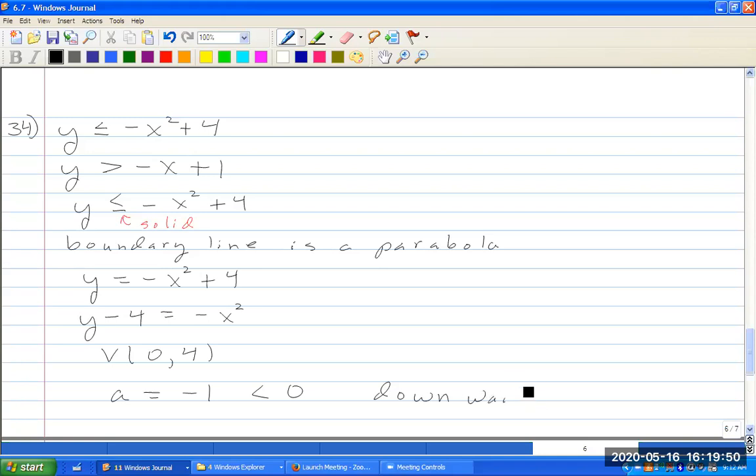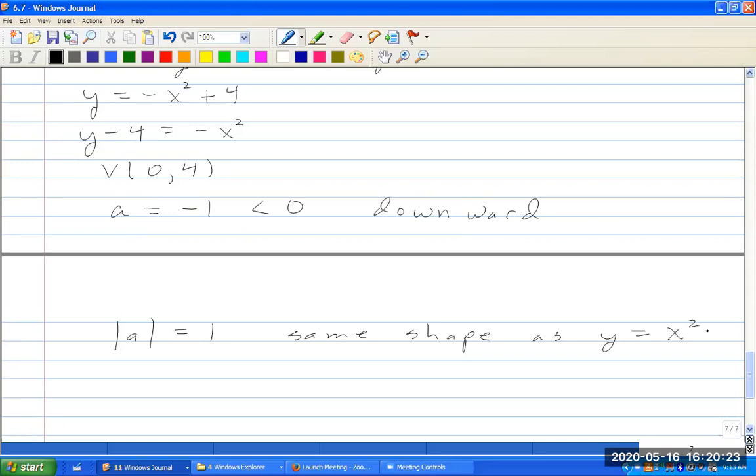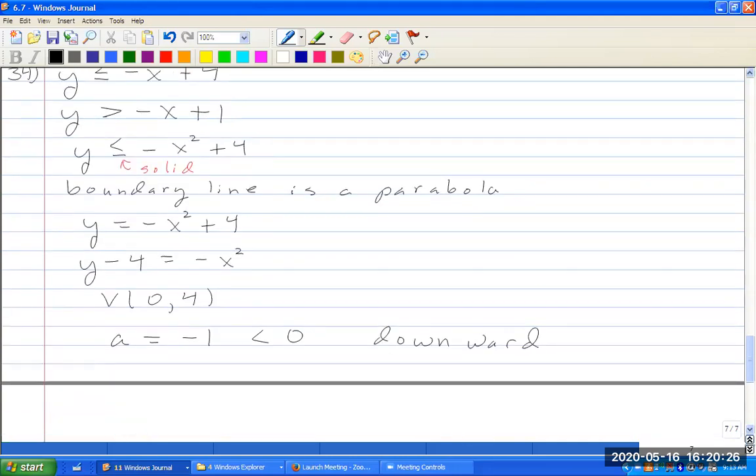And it actually has the same shape as the graph of y equals x squared, since a here is just equal to -1. Okay. It's actually going to be true within it, but we'll see.